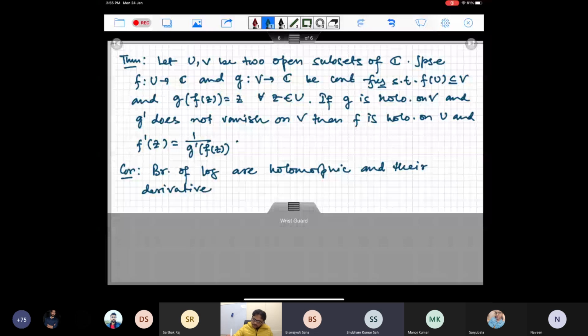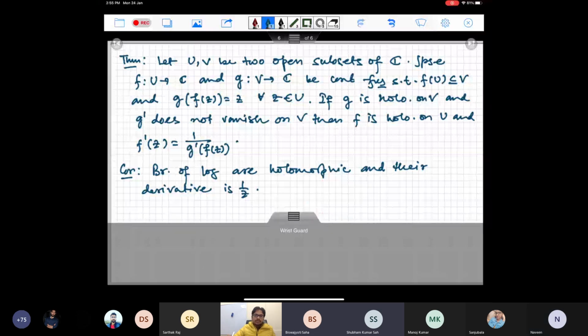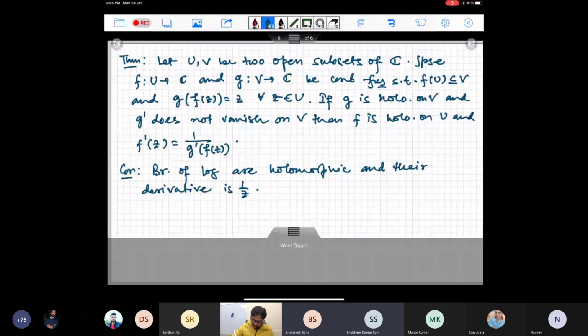It is 1 by x. Here also, no matter what branch or domain you take, they are all holomorphic and their derivative is going to be 1 over z. So let's quickly see the proof of the corollary.